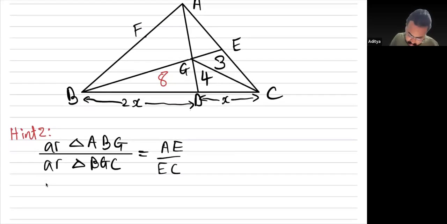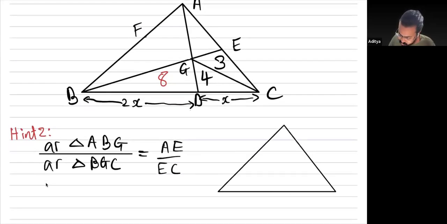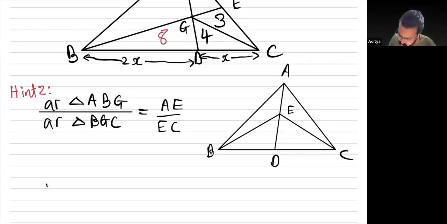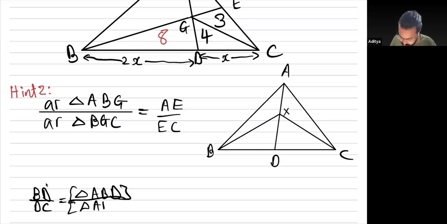The reason for that is I'll just make another figure over here. A, B, C, D, and E. Let's call this X. Then BD by DC is obviously the area of triangle ABD divided by the area of triangle ADC.